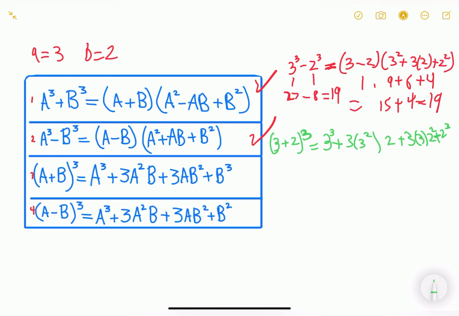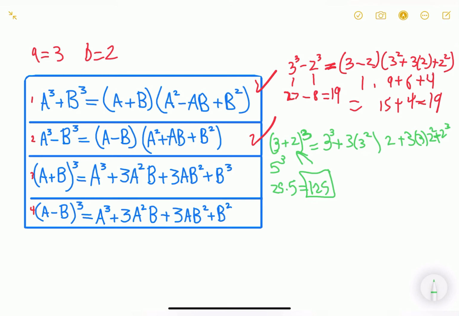So what is 3 plus 2? 3 plus 2 is 5. What is 5 cubed? We know that 5 squared is 25. And what's 25 times 5? 25 times 5 is 125, which is this side. Okay, now that's 5 cubed. Now let's find the other side.